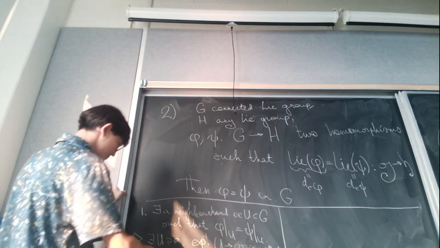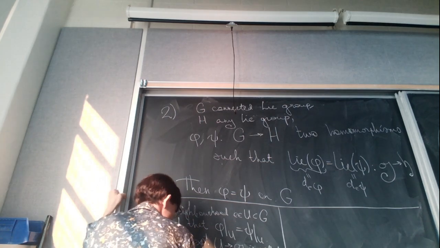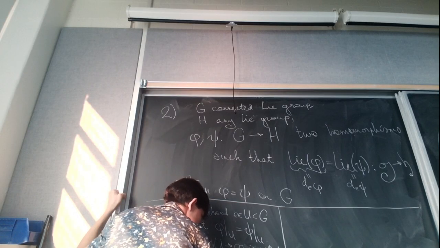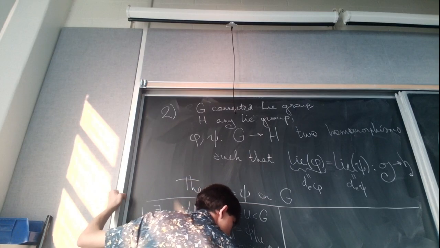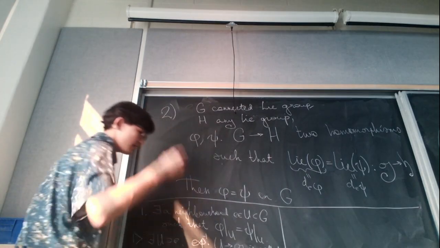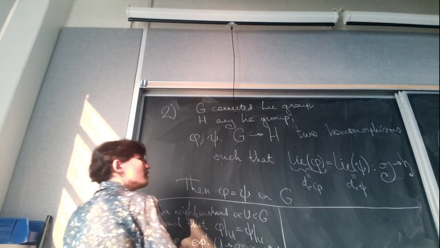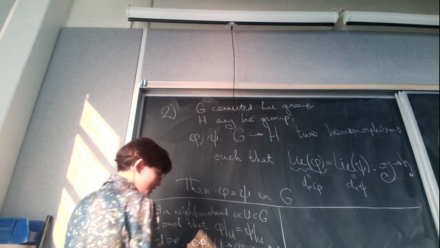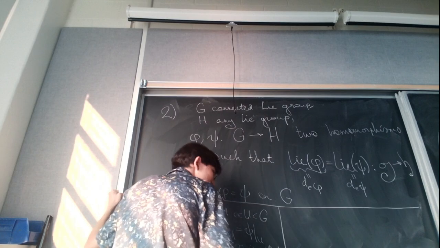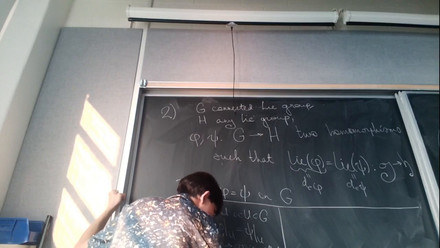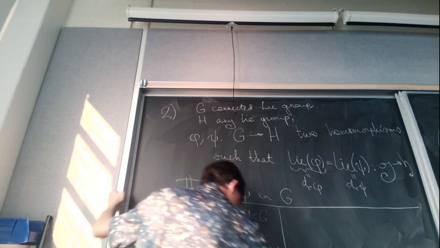And so every group element in U is the exponential of some Lie algebra element X. Then what I just proved tells you that φ of such a group element g is just the exponential of the differential at the identity of φ applied to X in H. And this is the same as ψ.